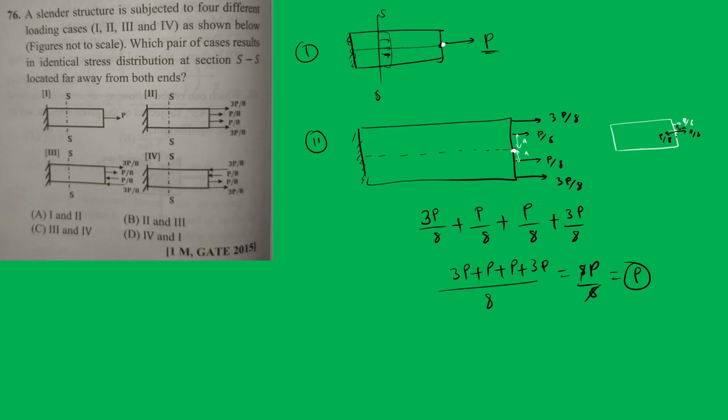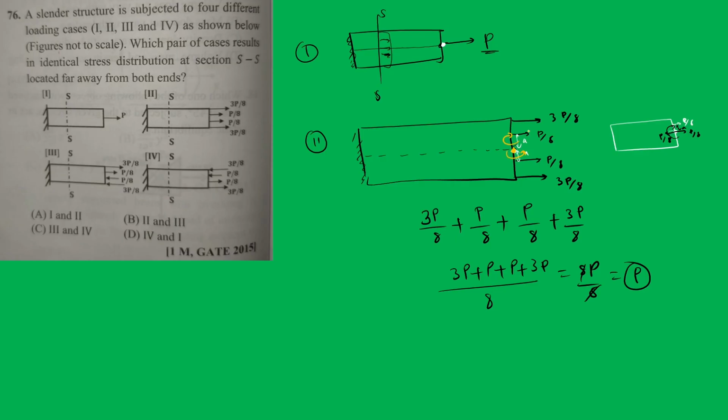This will generate a moment in this direction between the central point and this P by 8. Similarly, there will be a moment in the opposite direction by the other P by 8, and these two moments will cancel each other, because one is clockwise and the other is anti-clockwise.